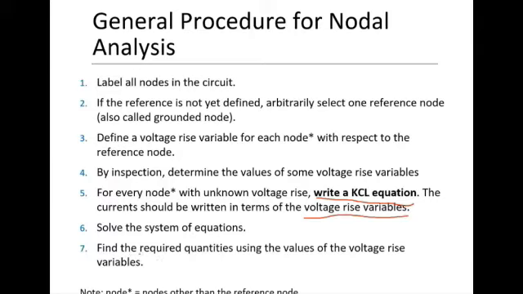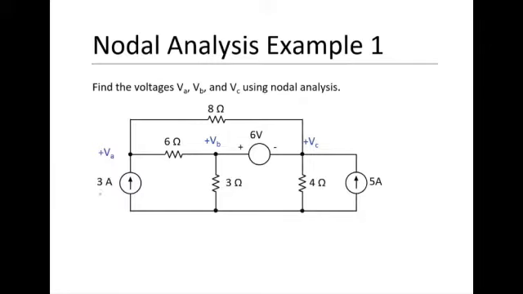So we'll do nodal analysis. First, you identify the nodes. So these are the nodes. This is node A, node B, and node C right here. And this is another node right here at the bottom.